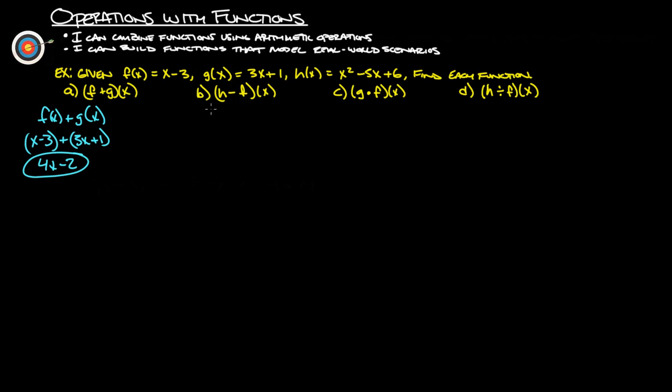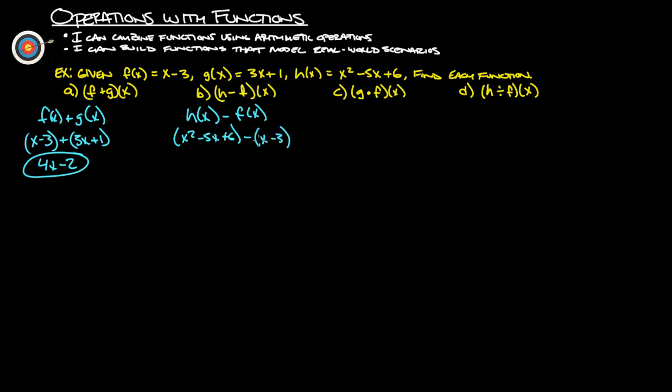Okay, for b, we've got h minus f of x, which is h of x minus f of x. So we take h of x, which is x squared minus 5x plus 6, and we're going to subtract f of x, which is this x minus 3.